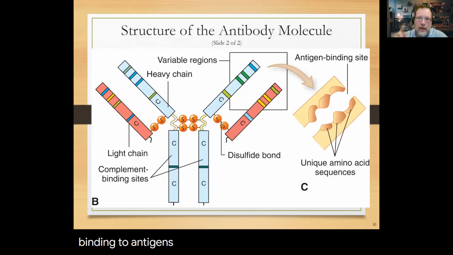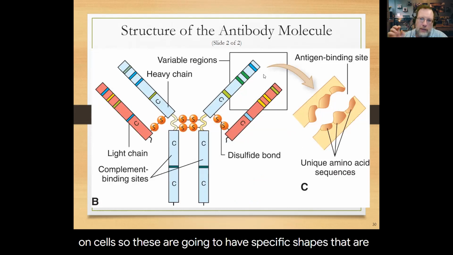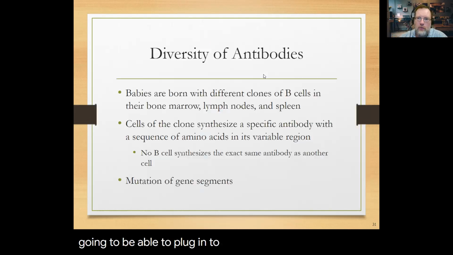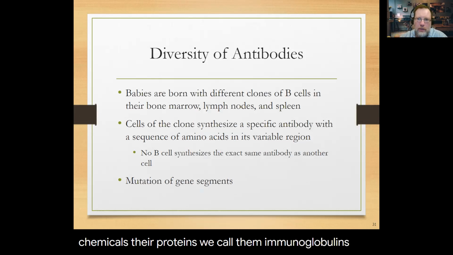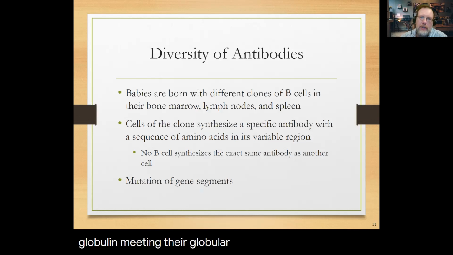Remember, antigens are surface markers on cells. So these are going to have specific shapes that are going to be able to plug in to antigens. So antibodies are chemicals, they're proteins. We call them immunoglobulins. Globulin meaning they're globular proteins from the immune system, and they're floating around in our bloodstream. They're produced by B cell lymphocytes.